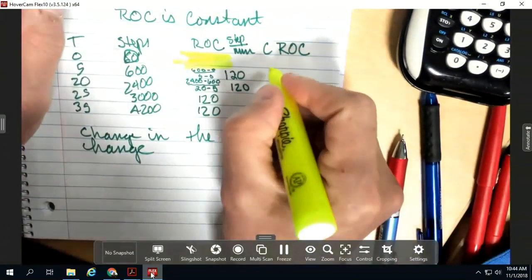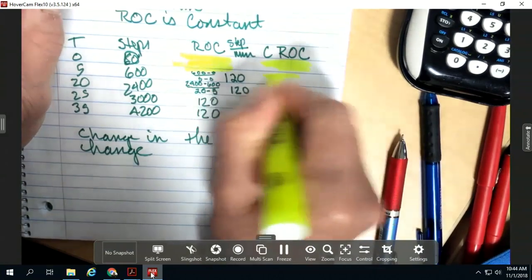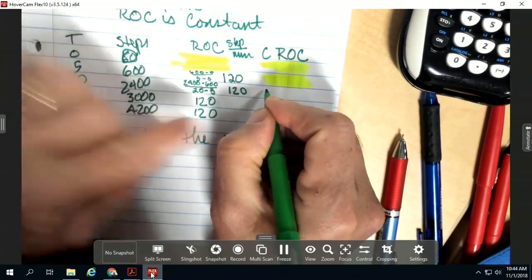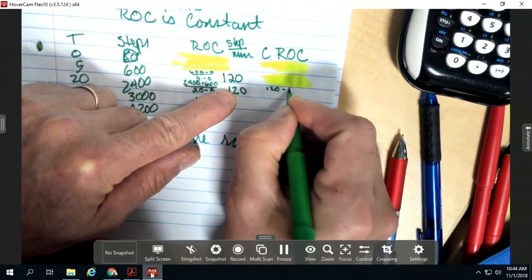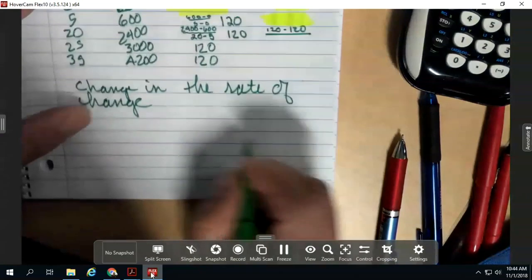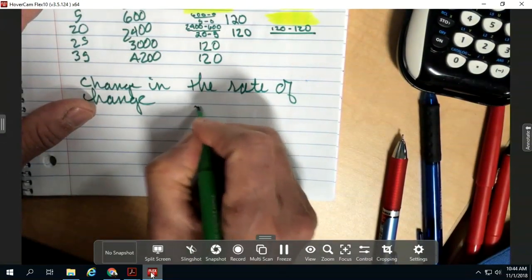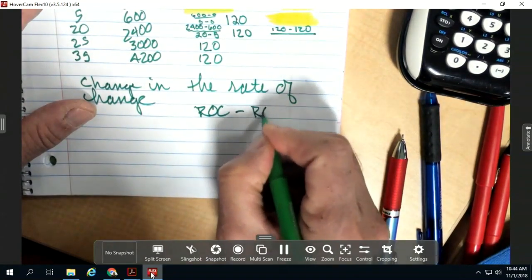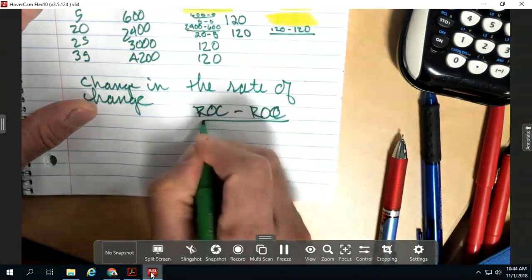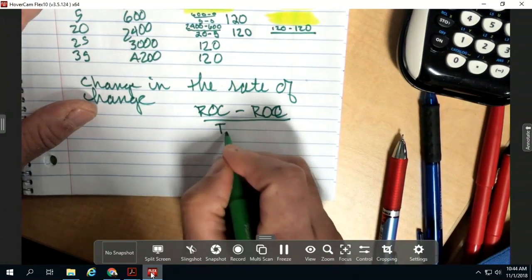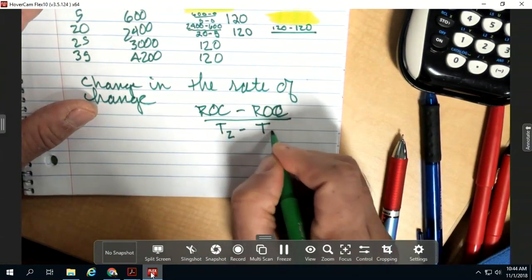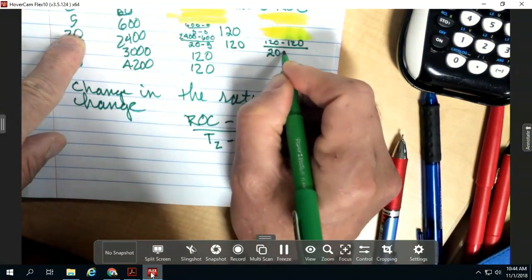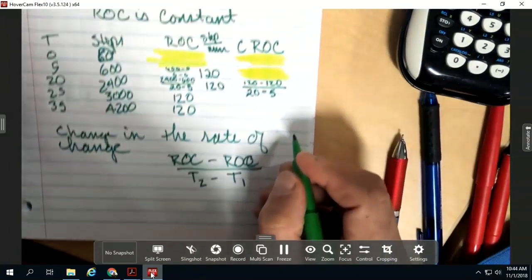Notice we have nothing to subtract from here, obviously, but we also don't have anything to subtract from here. In the third one down, we can take 120 minus 120. How do you get the change in the rate of change? Well, you take the new rate of change minus the old rate of change, and you divide it by the second time minus the first time. So in this case, we'll divide it by 20 minus 5. What do we get?